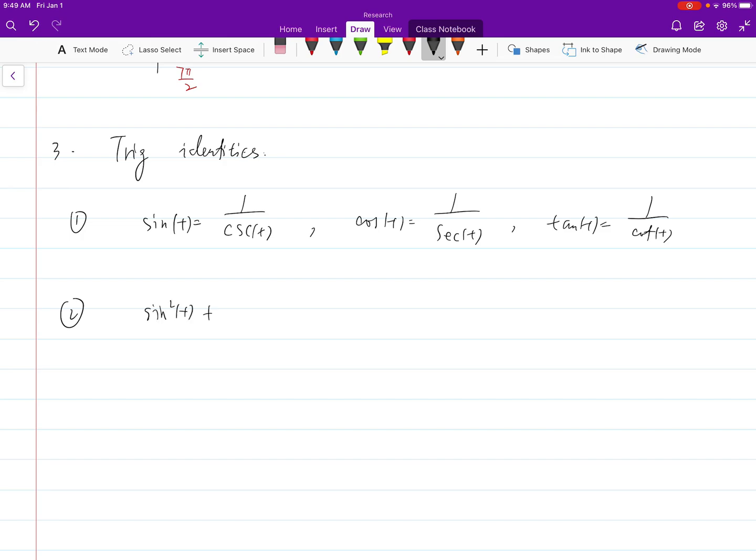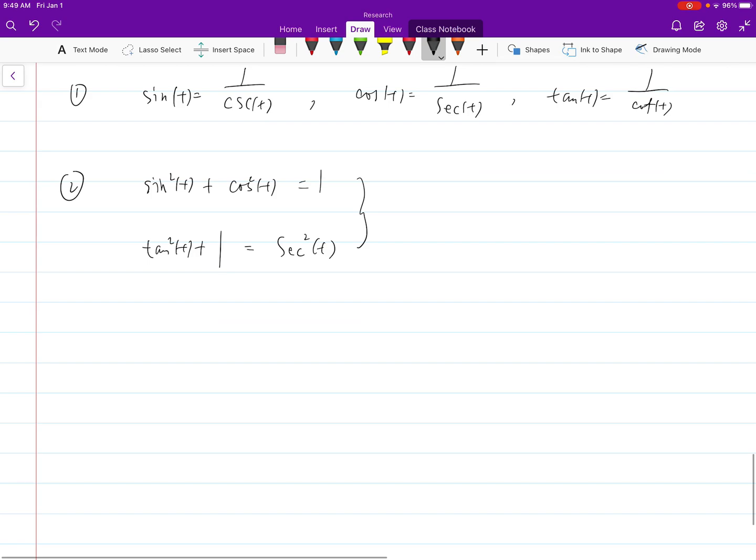The second part will be the Pythagorean identities. Tangent squared t plus 1. Again, be very, very familiar with the first two. You will see them a lot. And once you're okay with the second one, the third one is probably similar. But we will very rarely see it.